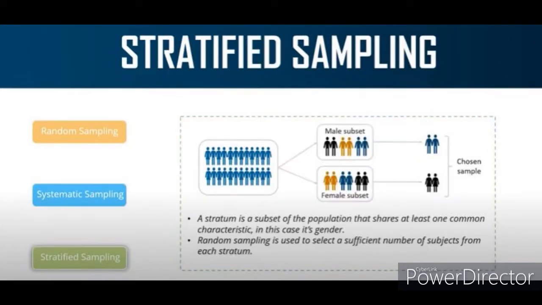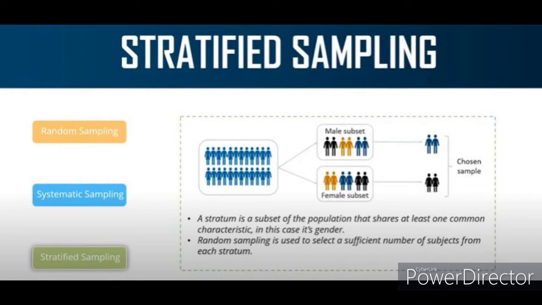Next, we have the stratified sampling technique. Stratified sampling is used to form samples from a large population. A stratum is basically a subset of the population that shares common characteristics. Let's say that your population has a mix of both male and female. So you can create two strata, where one will have only the male subset, and the other will have the female subset.